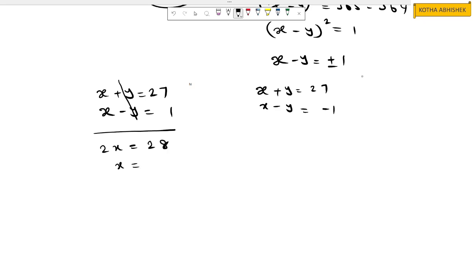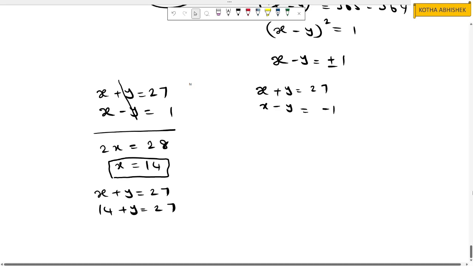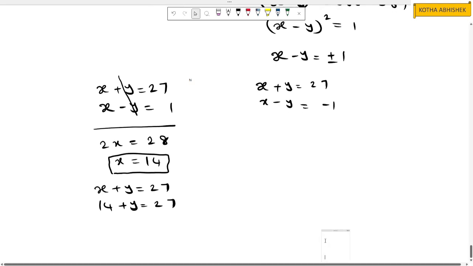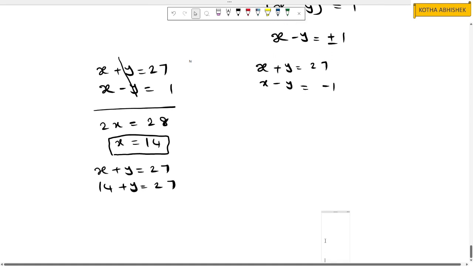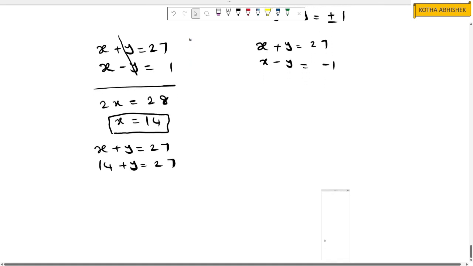X plus x is 2x, plus y minus y cancel, which equals 27 plus 1, that is 28. Then the x value we know is 14, that is 28 by 2, right? Next, this x value I am substituting in the first equation, x plus y equals 27. X value is 14 plus y unknown equals 27. Now this 14 I will take to the right side.